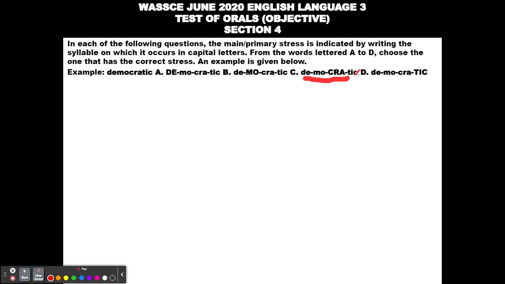So when you count, this is syllable 1, this is syllable 2, this is 3, and this is 4. So going by that rule, this is the second syllable from the end of the word, and that is where you place stress.